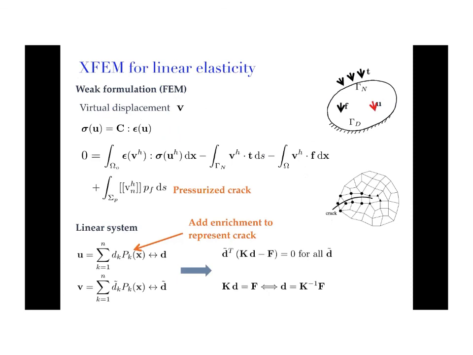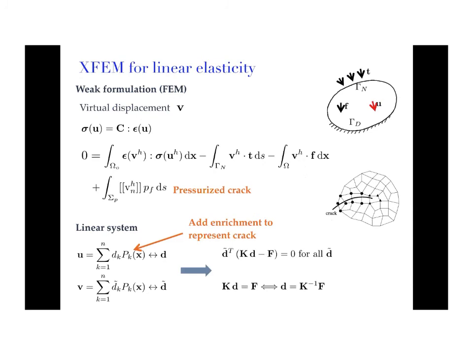this is the weak form for the extended finite element method. And for those who are familiar with the finite element method, I can say it's very similar to the finite element method. The only thing that changes is your space of the shape functions.